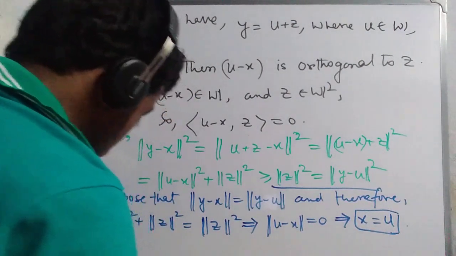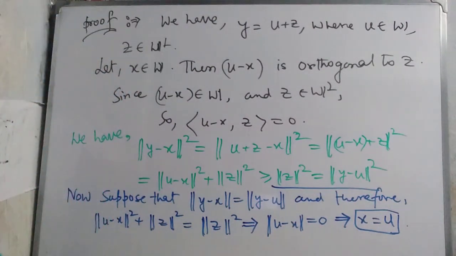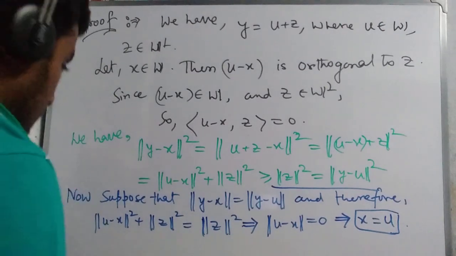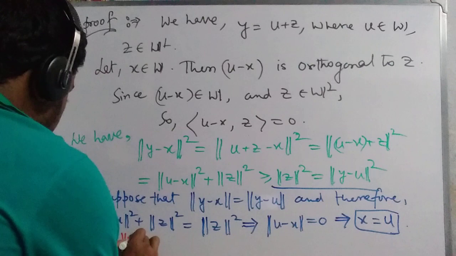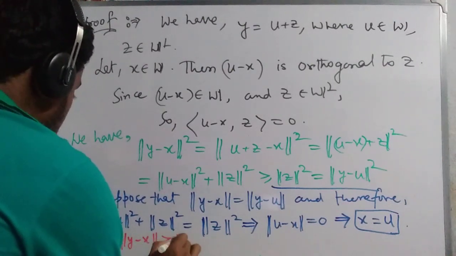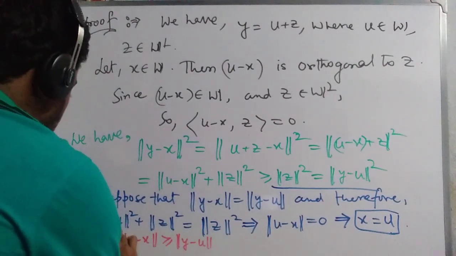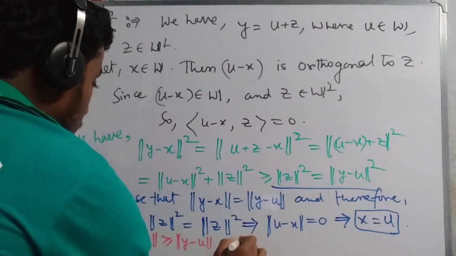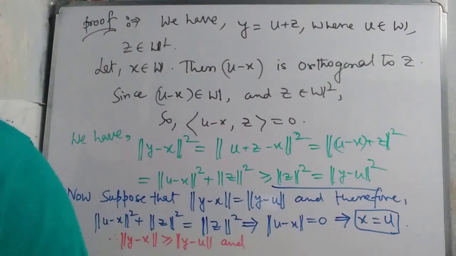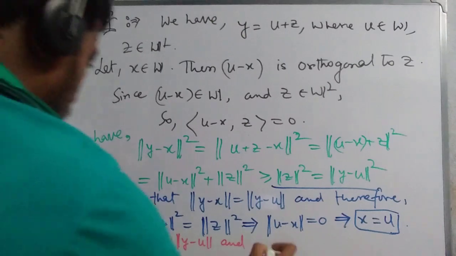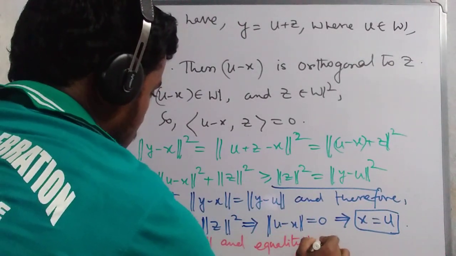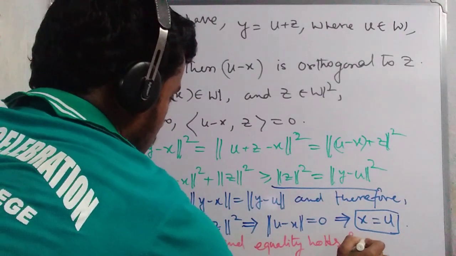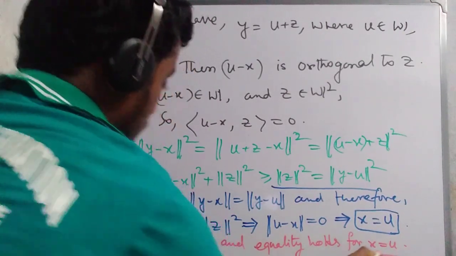That means the norm of y minus x is greater than or equal to the norm of y minus u, and equality holds for x equal to u.